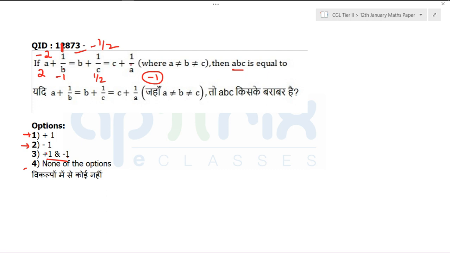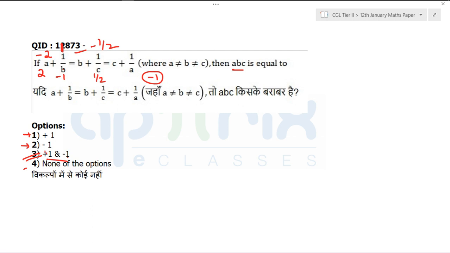That means if I choose these three values, that is -2, 1 and -1 by 2, in that case also all three values are actually equal. Take the product here. Here you are going to get the abc product to be equal to +1. That means both can be the answer.